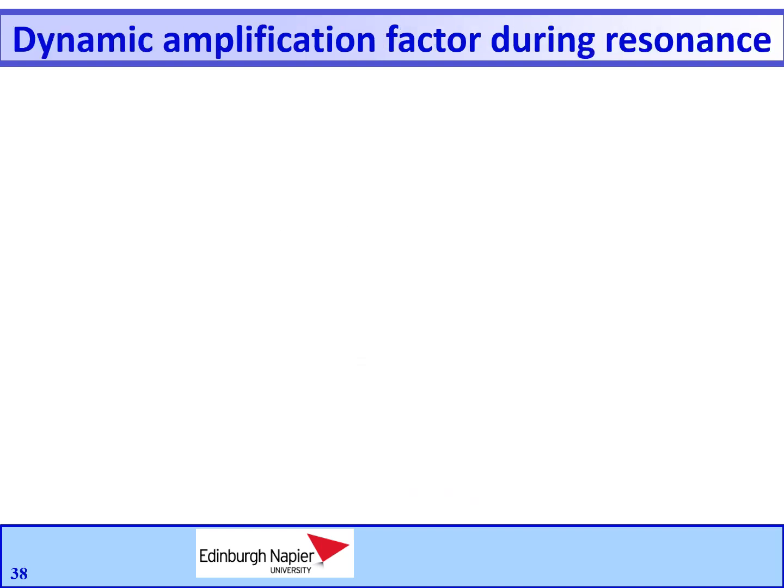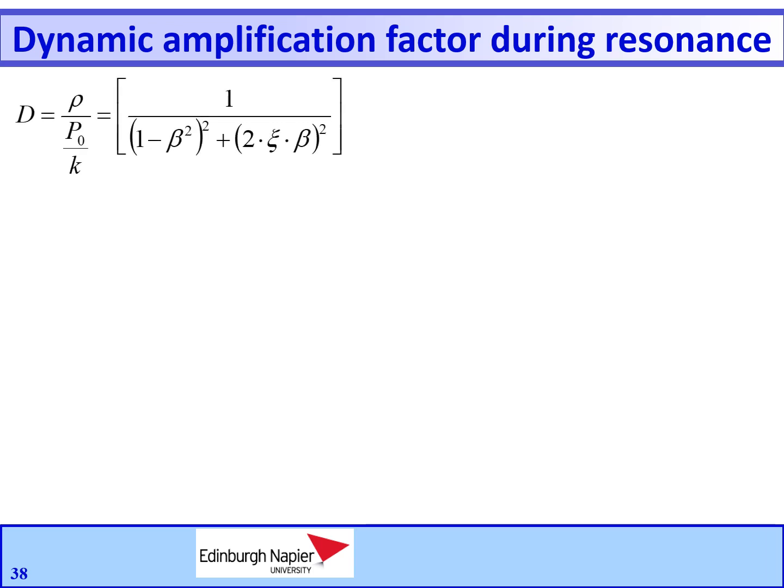We will now examine the role of damping in the rate at which steady-state response is attained and in limiting the magnitude of this response when the forcing frequency is the same as the natural frequency.